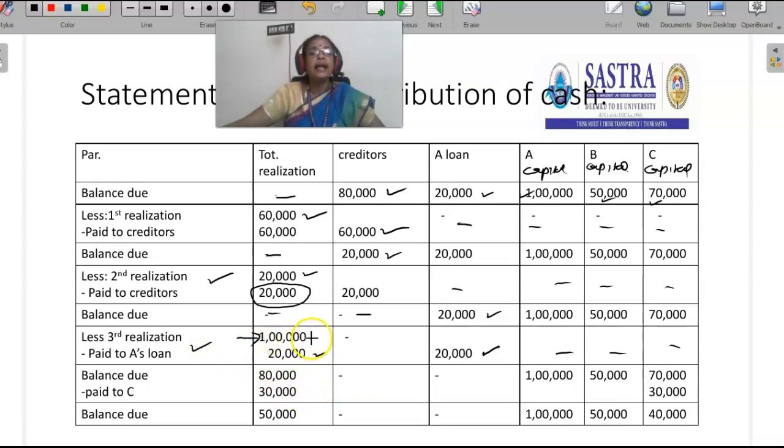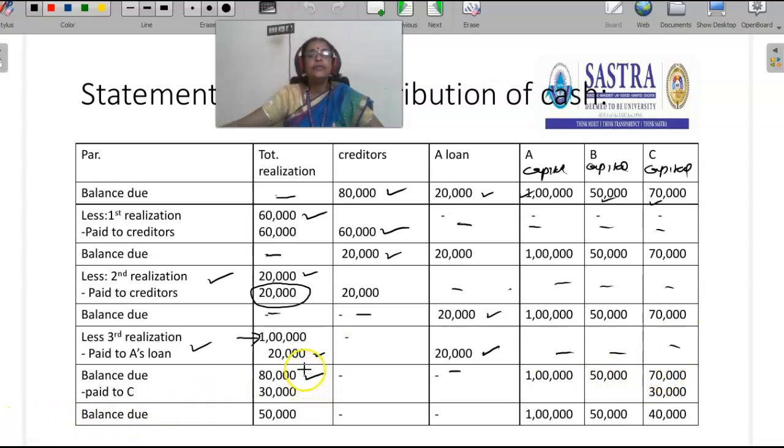Out of that 1 lakh, the firm first paid 20,000 rupees to A's loan and fully settled A's loan account. So from the 1 lakh, the firm uses 20,000 to settle A's loan, and the balance amount is 80,000. Here the capital account is not settled, so the entire amount is unpaid: 1 lakh rupees, 50,000 rupees and 70,000 rupees.